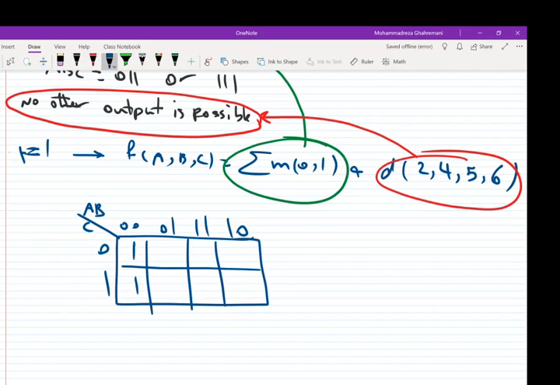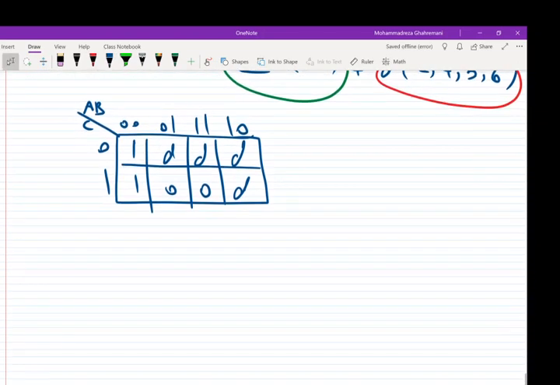Let's fill the table: 1, D, D, D, D and 0 0. Okay, and this one is like the circuit, and we can simplify this circuit based on our need, so we can consider these ones together to simplify the function. Okay, that was the lecture for don't care circuits.